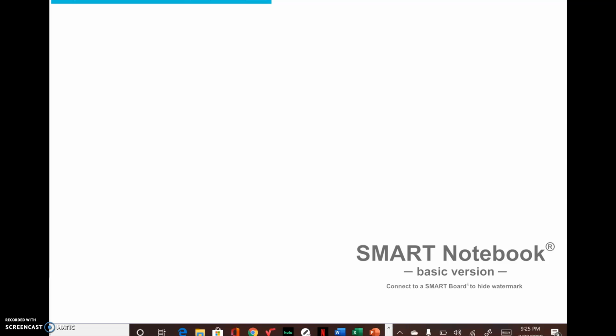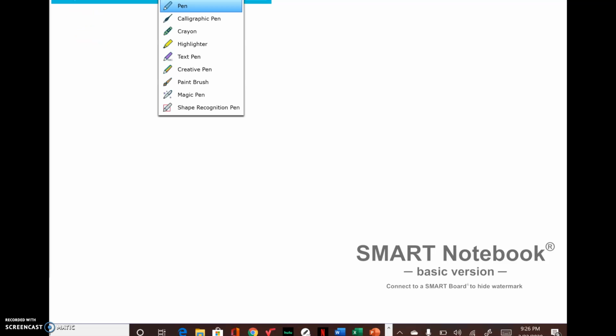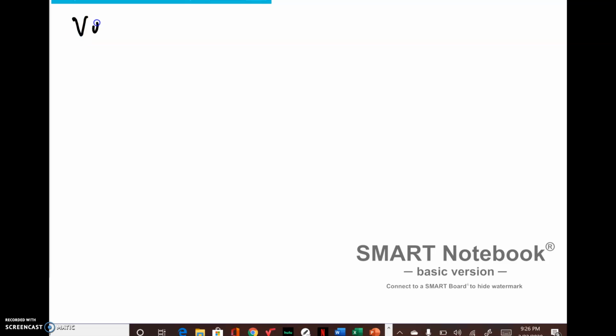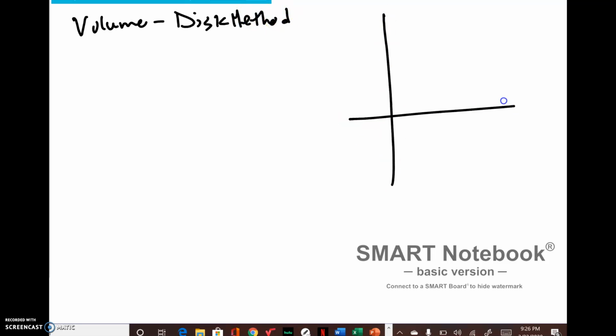All right, let's continue with volume. Okay, so we have volume. This method. Okay, so just make a quick sketch. So suppose I have a function.